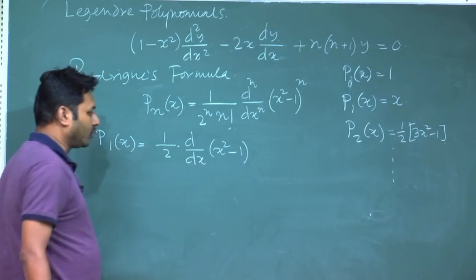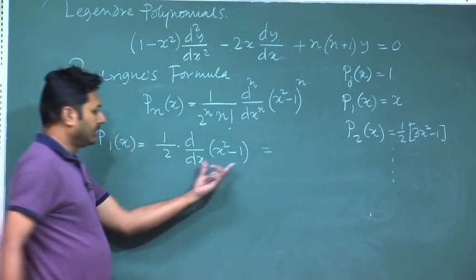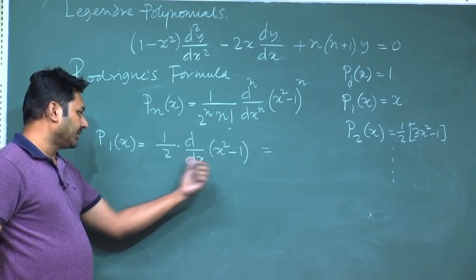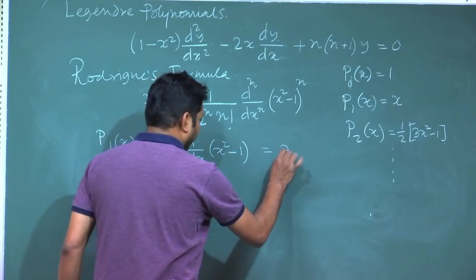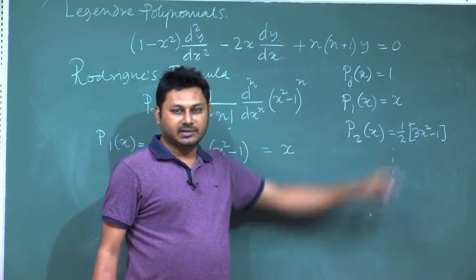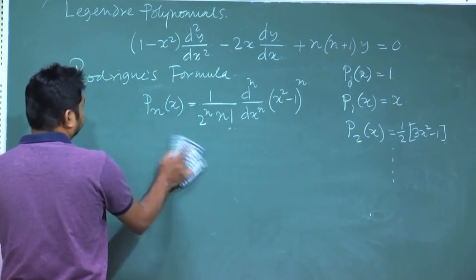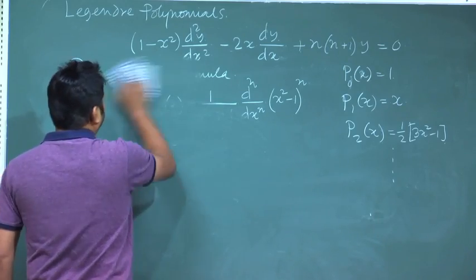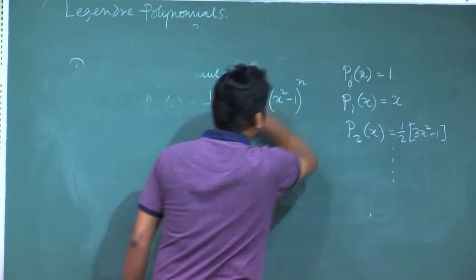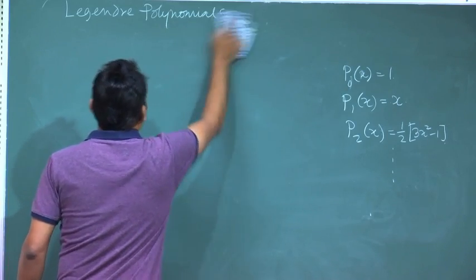If I take the derivative of this quantity, I will have 2x, and this 2 will cancel out, so I will have only x. So this is verified from Rodrigues formula. What about the next term? Let me erase these things because I need this space.